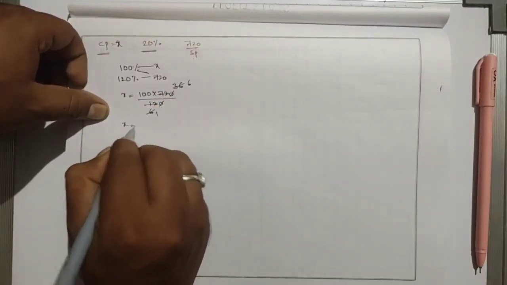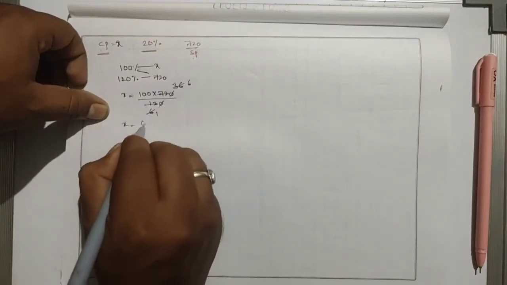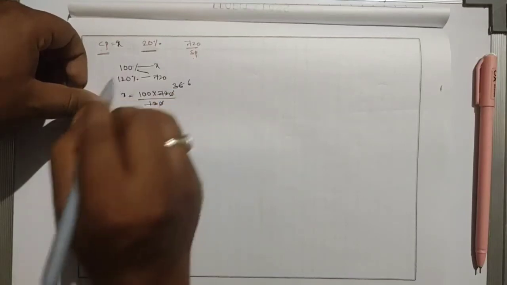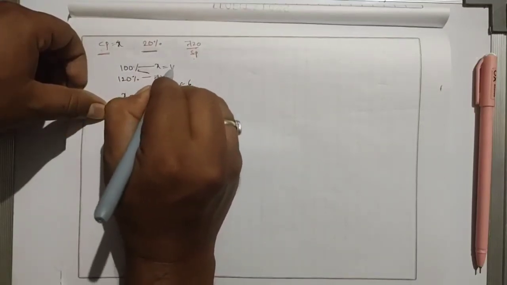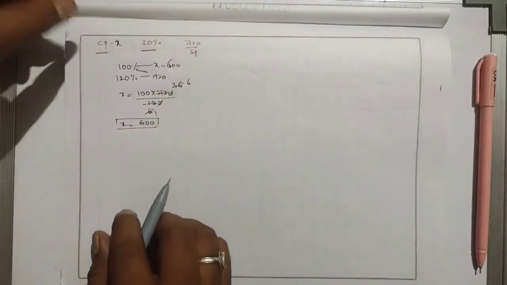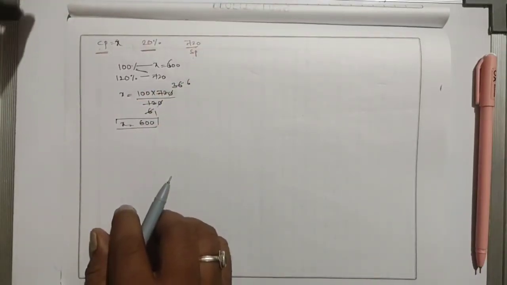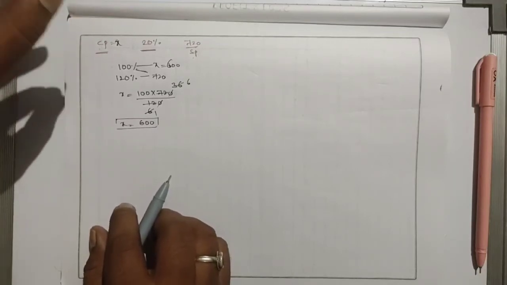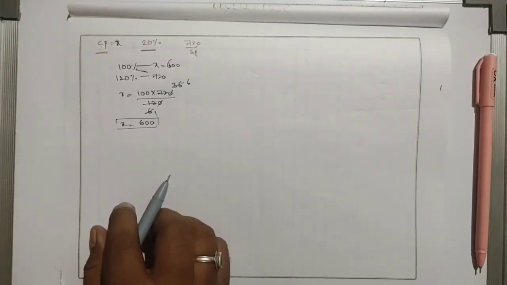Therefore x is equal to 600. It means the 100% is nothing but 600. What is 100% here? That is nothing but cost price only. Therefore the merchant bought the article at 600 and sold it at 720 rupees, then he got the profit of 20%.